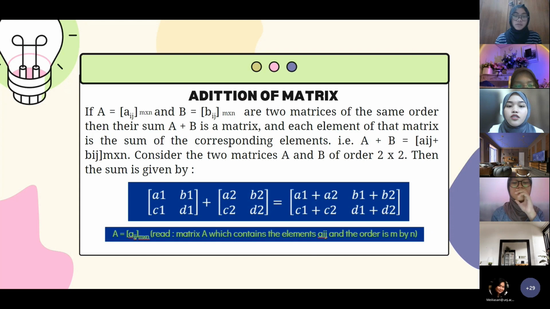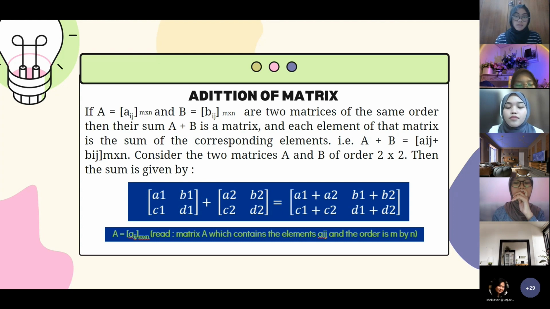Next is addition of matrices. If matrix A, which contains the elements a_ij, of order m by n, and matrix B, which contains the elements b_ij, of order m by n, are two matrices of the same order, then their sum A plus B is a matrix, and each element of that matrix is the sum of the corresponding elements.